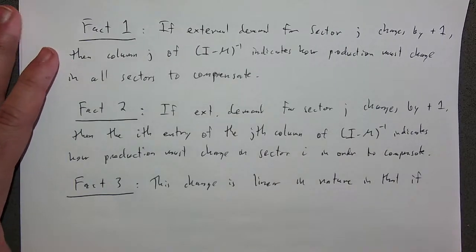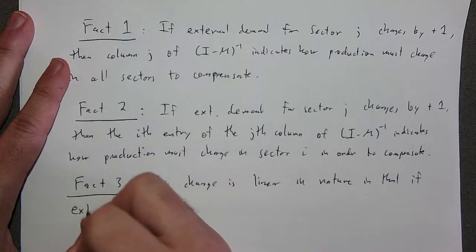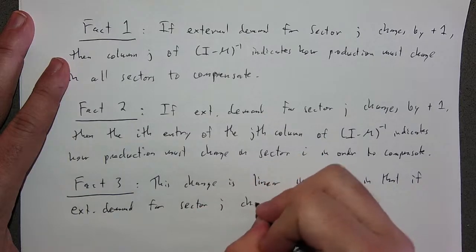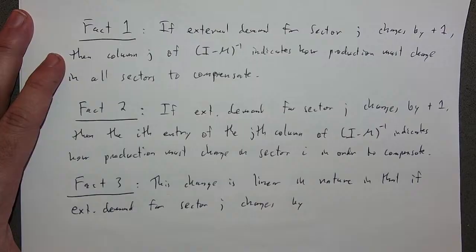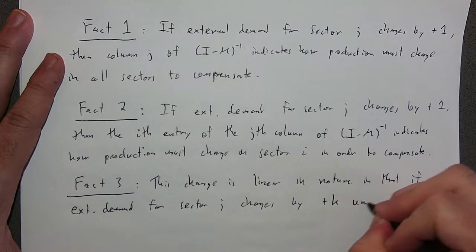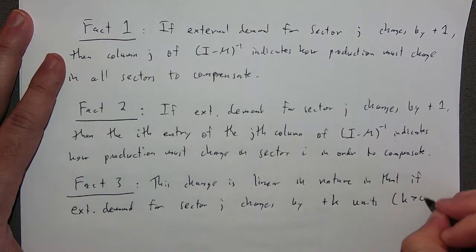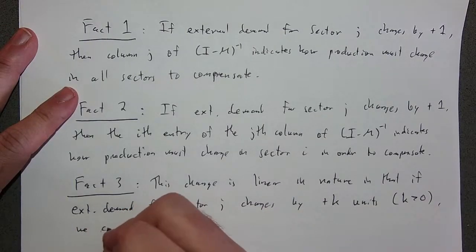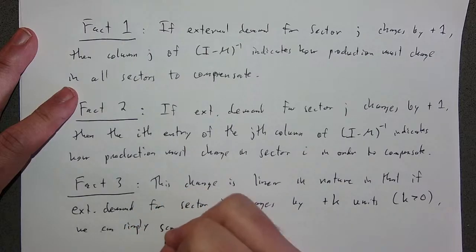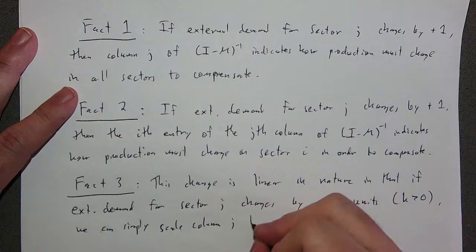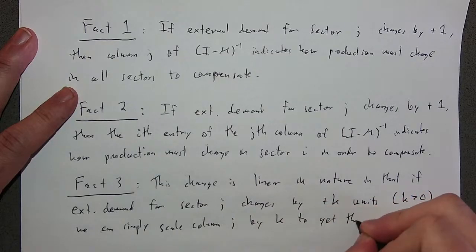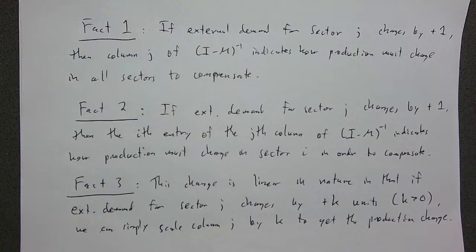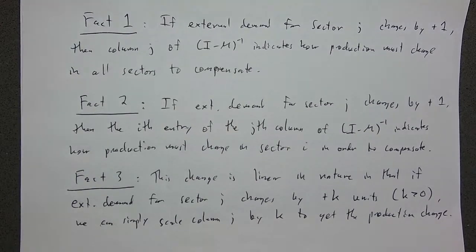If external demand for sector J changes by, say, +k, where k is non-negative, but functionally this is going to be positive, we can simply scale column J by k to get the production change that is needed here.